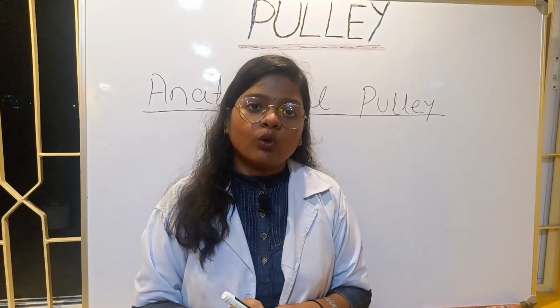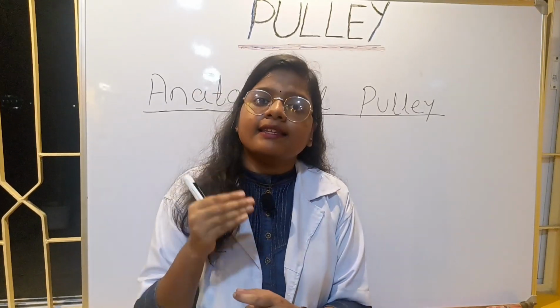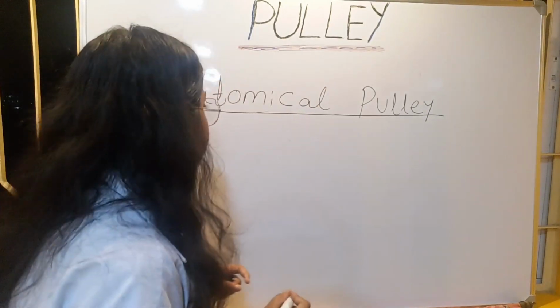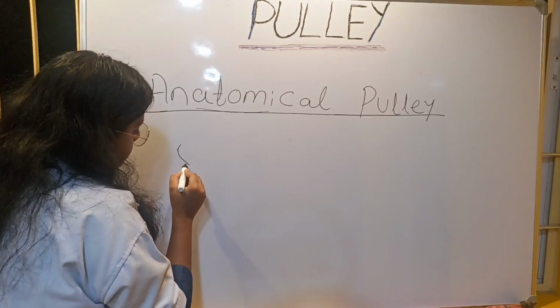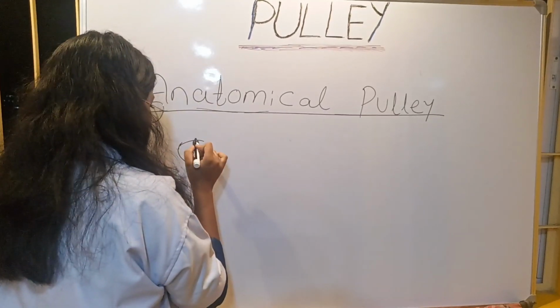When the angle of pull is deflected by a bone or any bony prominence, then this is an anatomical pulley. I am going to give an example. This is glenoid fossa and this is flat.